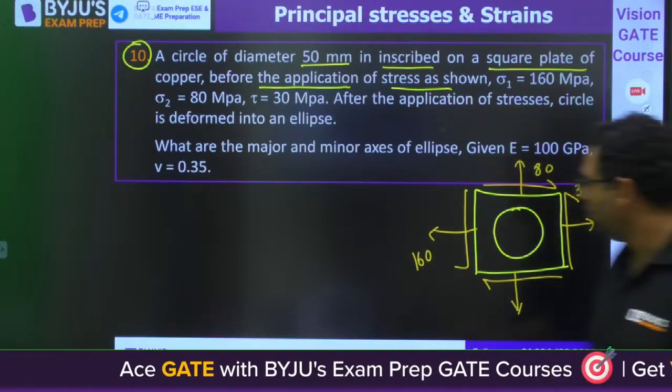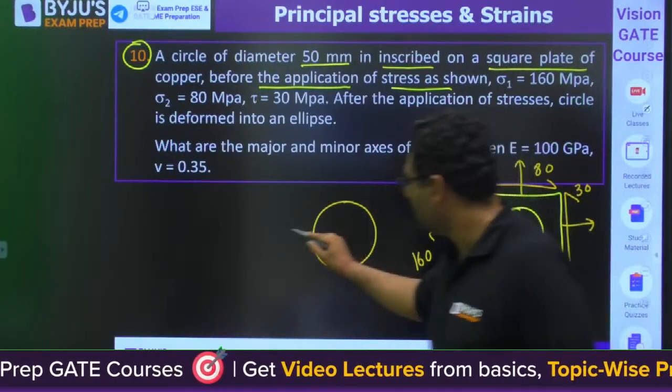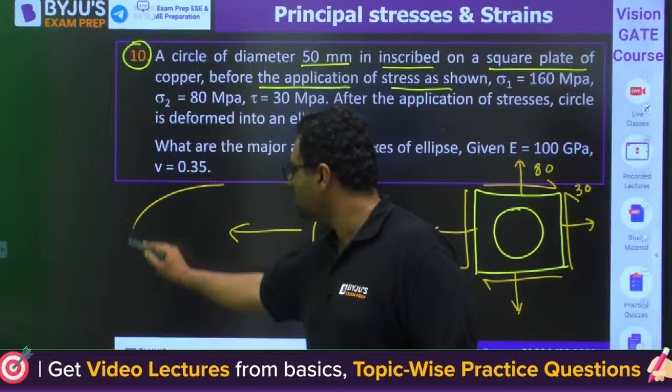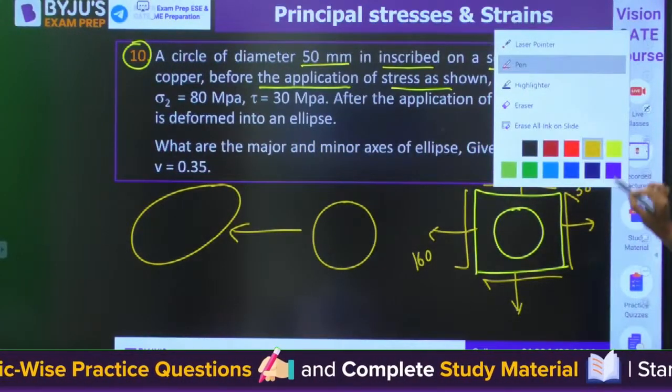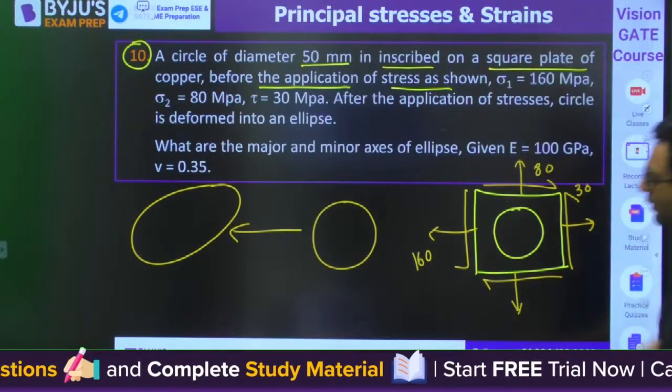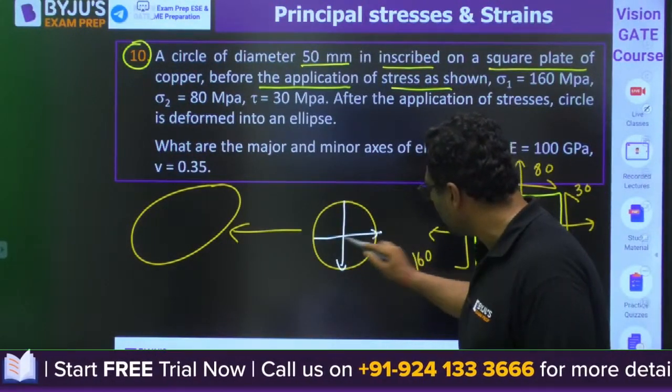After this the circle is changing into an ellipse. So what is the difference between a circle and an ellipse? In a circle, all the diameters are equal.